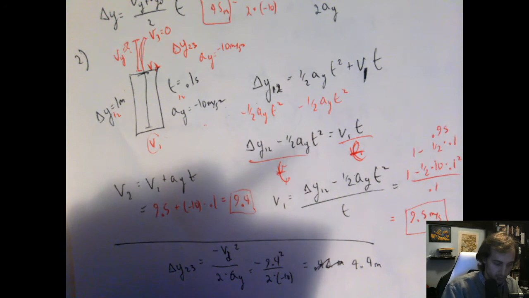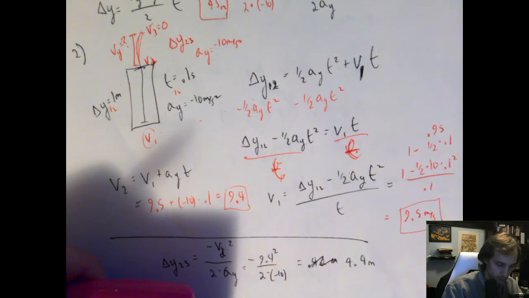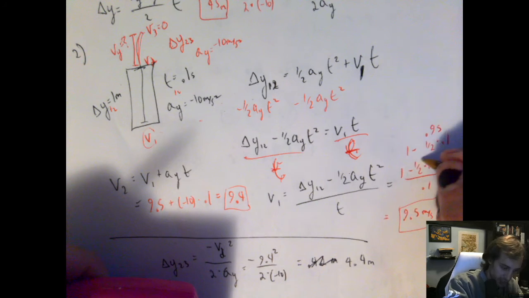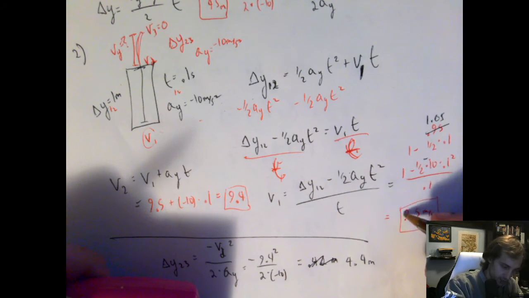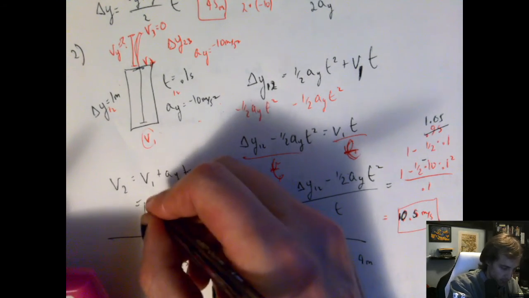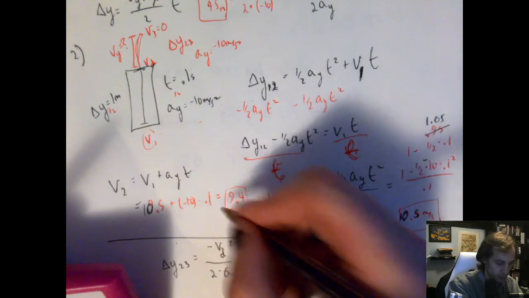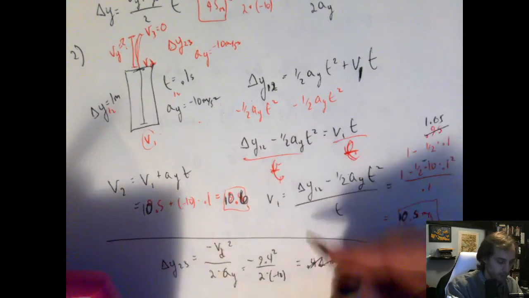I feel like I did something wrong. One sec. This should be negative. This should be plus. This is 1.05. This is 10.5. This then becomes 10.5 plus 0.1. This is 10.6.